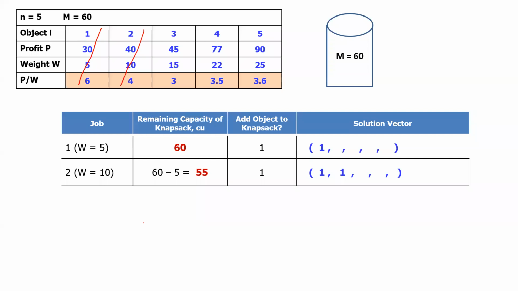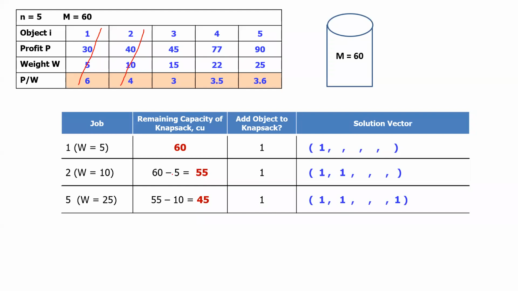Now, step 3, again make a greedy choice. I'm going to choose object number 5, whose weight is 25 kilos. The remaining capacity of the bag is 45. Among 45 kilos, can I fill 25 kilos? Yes, it's possible.